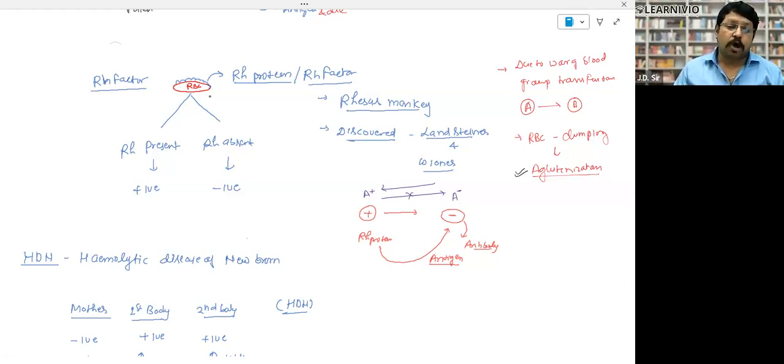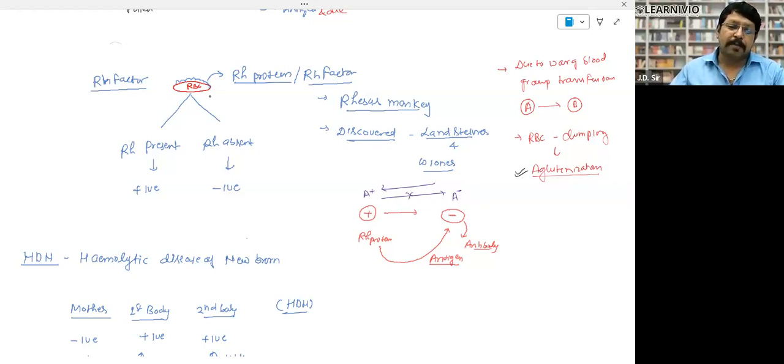If I have A blood group and Rh protein is present around my blood cells, then I will be A positive. A positive means the person has blood group A antigen and Rh protein is present around the blood cells. Now, what is A negative or a negative blood group? If the person has any particular blood group and Rh protein is not present around the cells, we call that person negative.